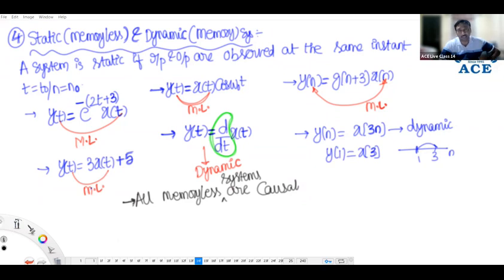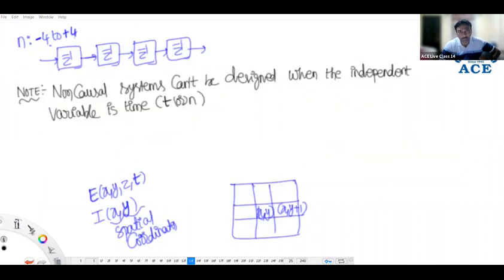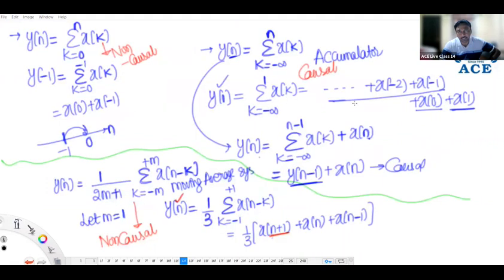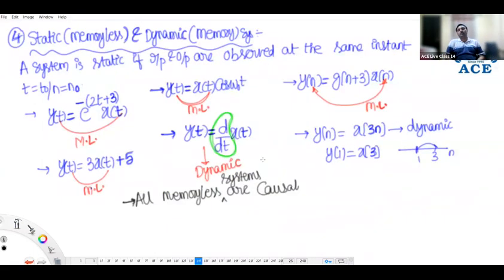All static systems are causal, but a causal system need not be static. See here, 12th slide: accumulator is causal, but it is storing past inputs, so it is dynamic. Causality never guarantees static nature. Why are we saying a static system is causal?